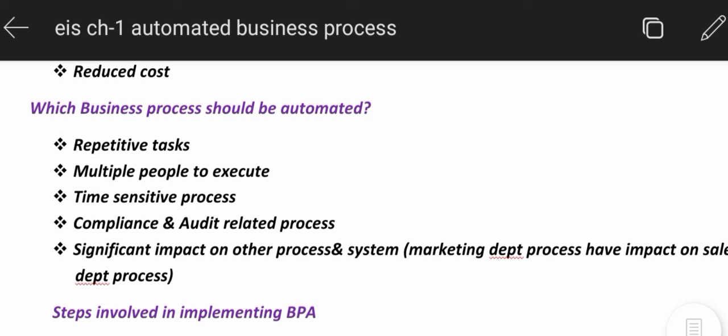Likewise, the marketing department's process also has an impact on the sales department's process. When the marketing department does a very good job with marketing strategies, it will automatically generate sales. The customer data is common data for the marketing and sales departments. Any customer data the marketing department gets is transferred to the sales department automatically, and vice versa.